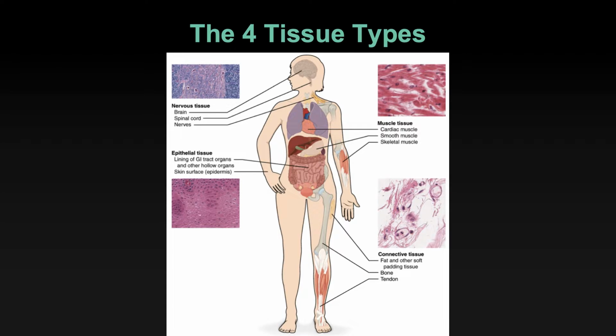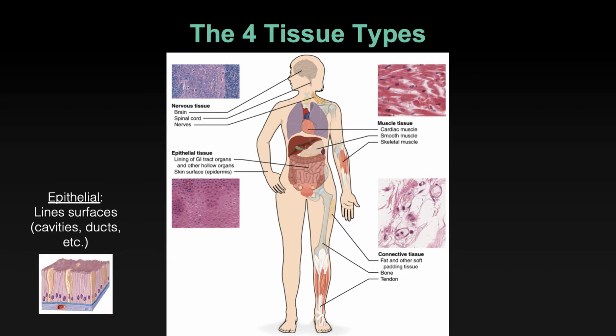This figure taken from your text shows them nicely. Epithelial tissue is one of the most common that you'll spend a lot of time looking at in lab. And this epithelial tissue, also called epithelium, we saw it on the last slide, is typically the tissue that lines surfaces, that covers structures.